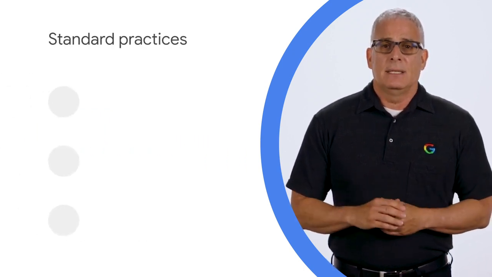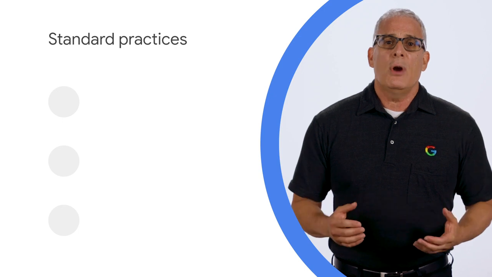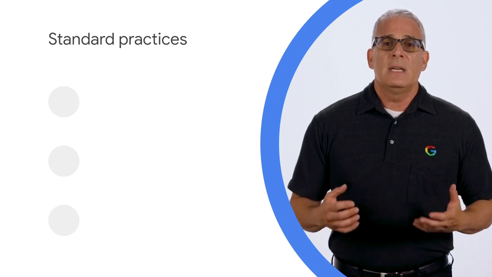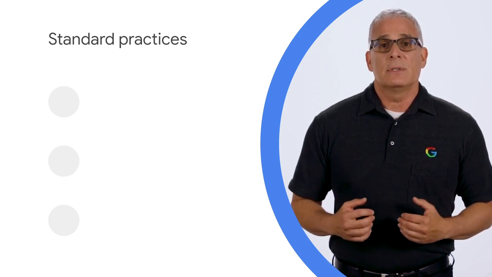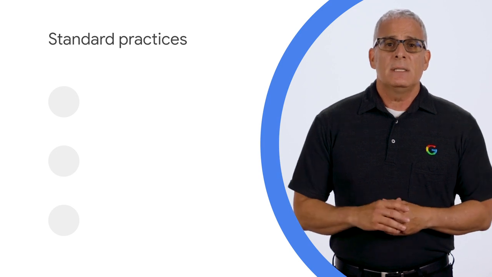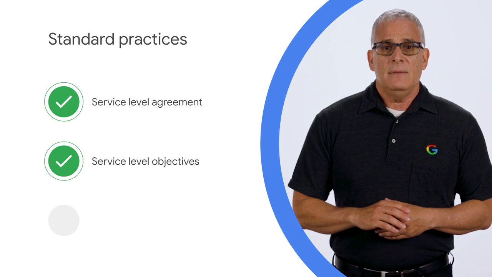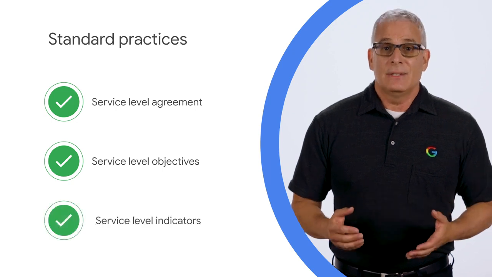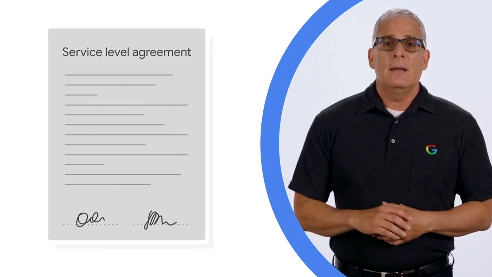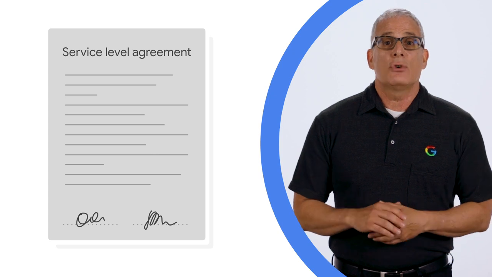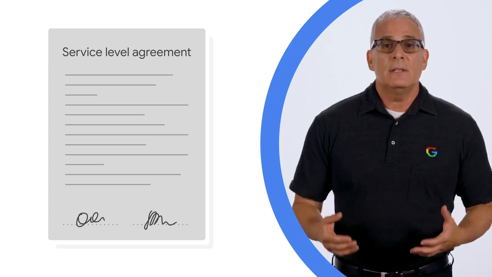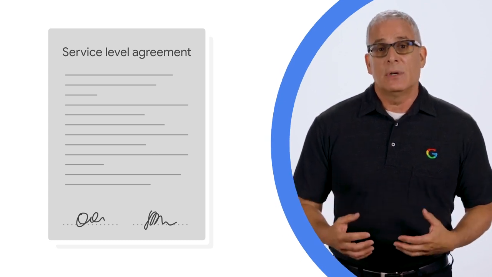To address this challenge, cloud providers use standard practices to define and measure service availability for customers. This practice includes a service level agreement, service level objectives, and service level indicators. A service level agreement, or SLA, is a contractual commitment between the cloud service provider and the customer.